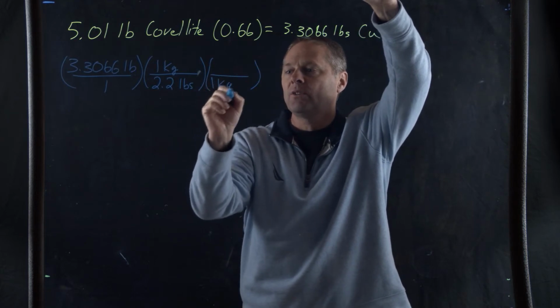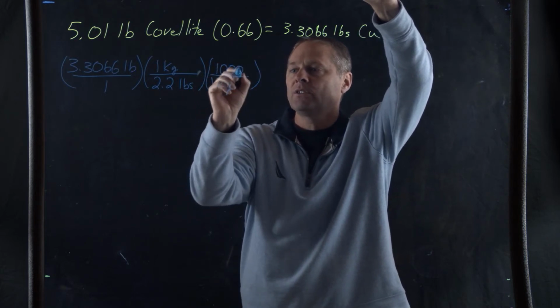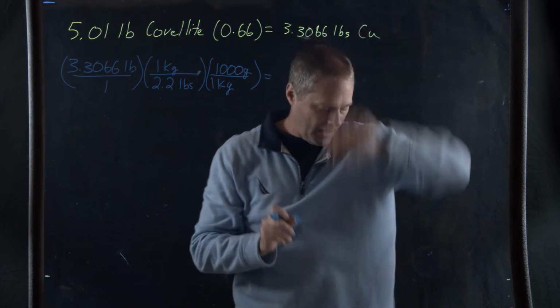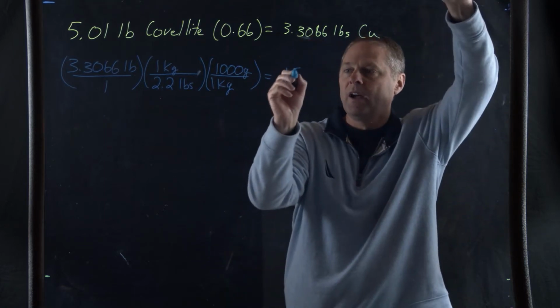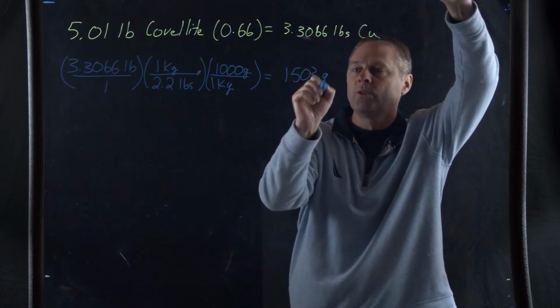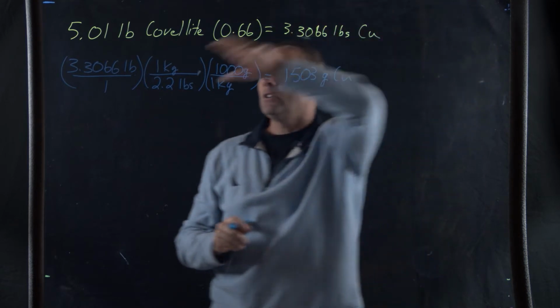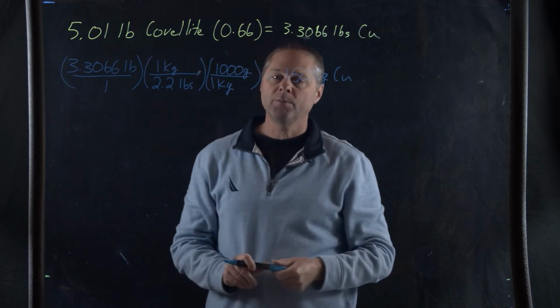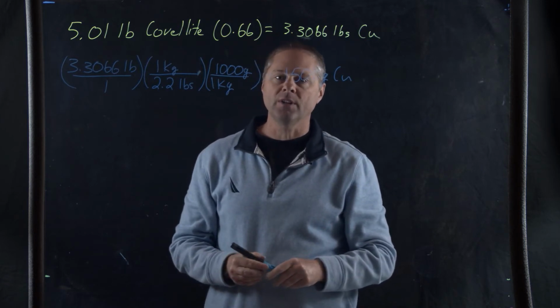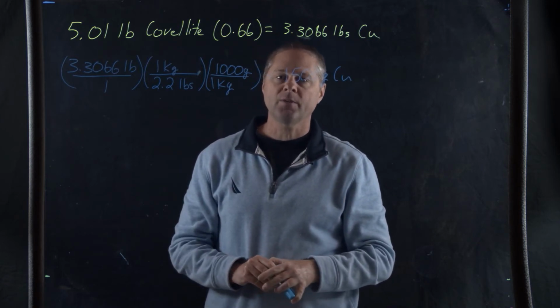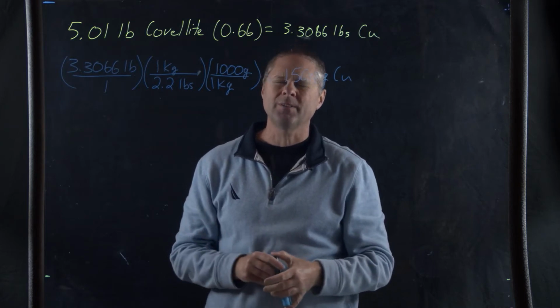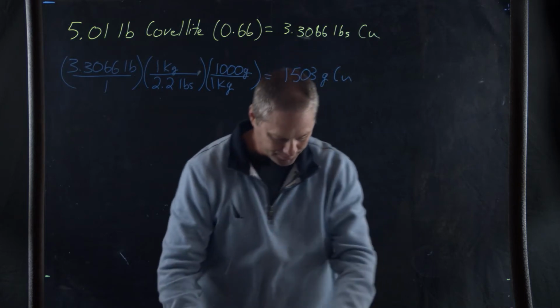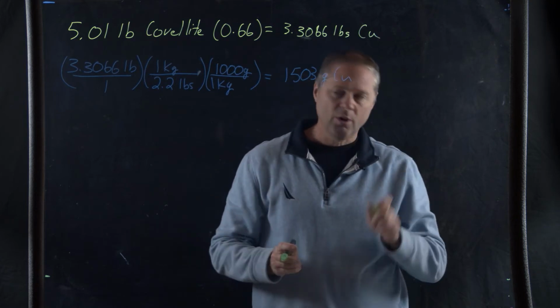So 1 kilogram is equal to 1,000 grams, and that's going to be equal to 1,503 grams of copper. So if we have a little over 5 pounds of covellite, from that what can be smelted is going to be 1,503 grams of copper. And we're just going to hold on to that.